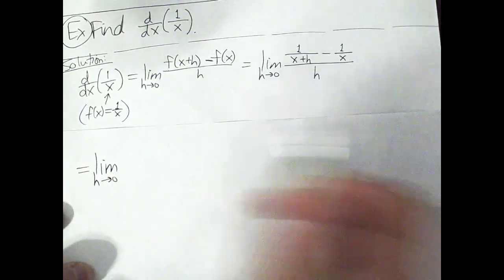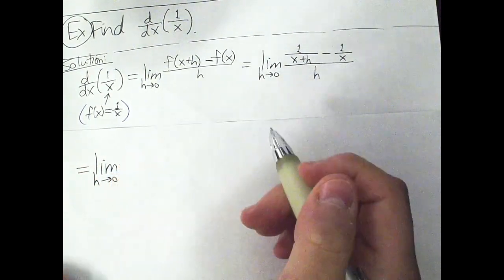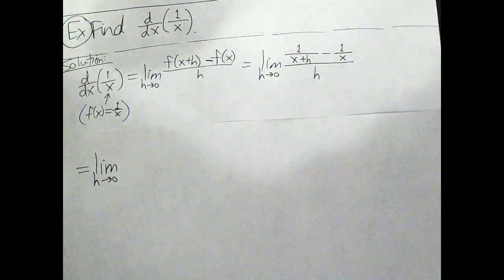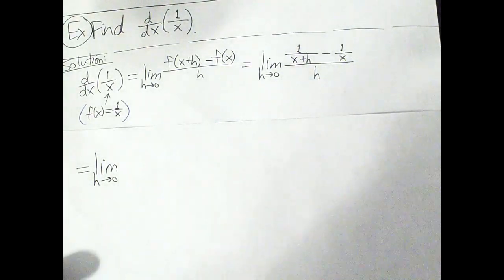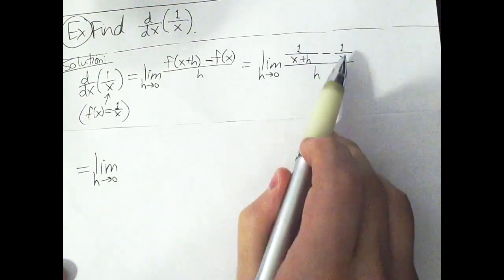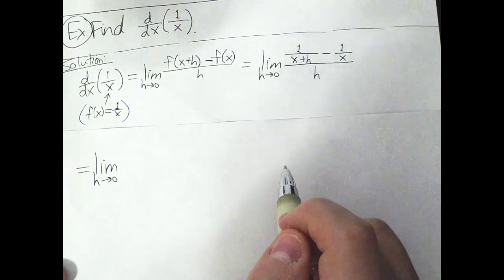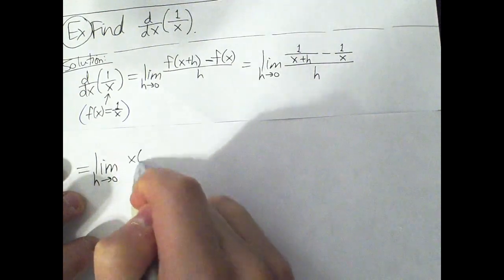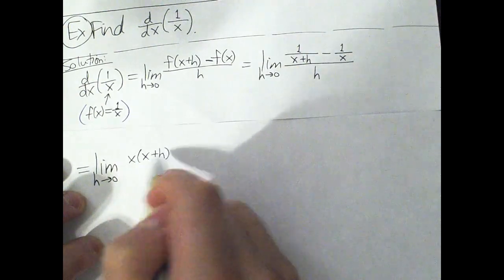Generally, when you want to do a fraction minus a fraction, like if I said to you, what's 2/3 minus 1/4? A lot of times you would find a common denominator. So what's 1 over x plus h minus 1 over x? A common denominator that would work really well is x times x plus h.